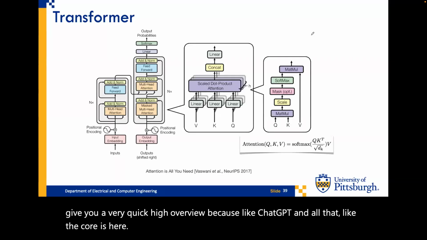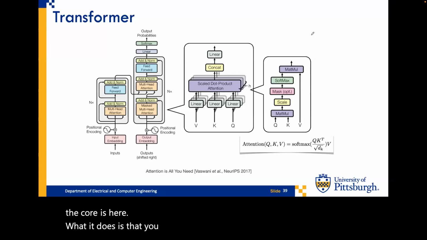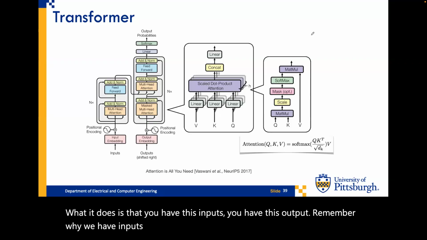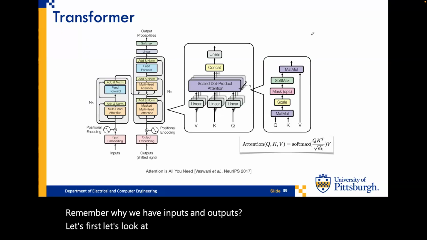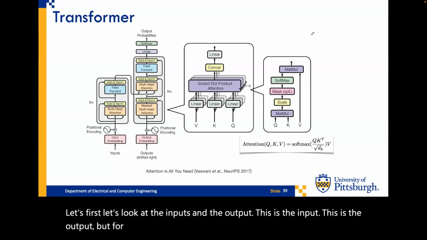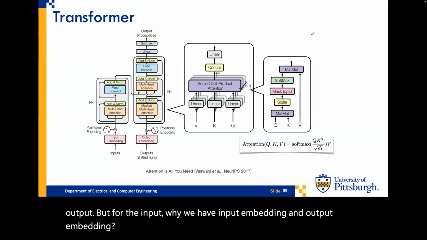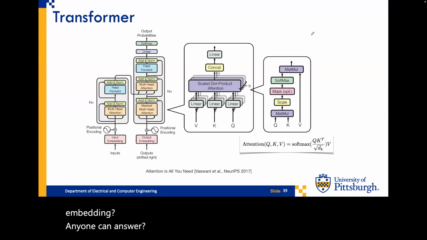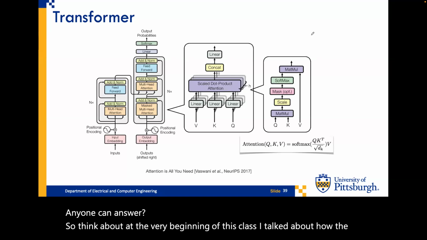What it does is that you have these inputs and these outputs. Remember why we have inputs and outputs. Let's look at the inputs and the output. This is the input, this is the output. But why do we have input embedding and output embedding? Anyone can answer? Think about how, at the very beginning of this class, I talked about how the models are doing autoregressive generation.